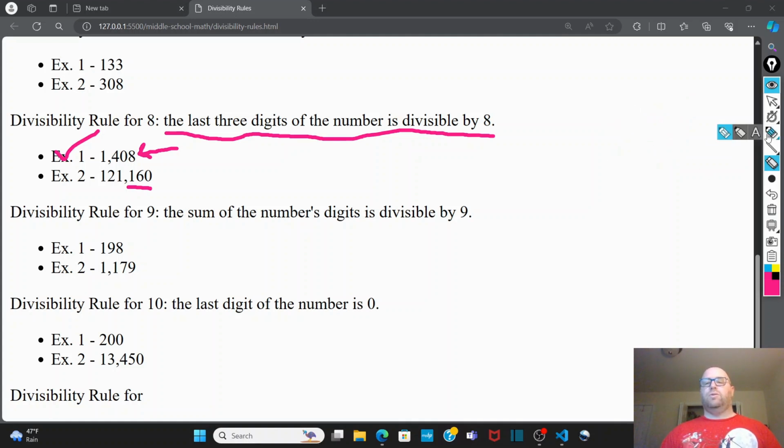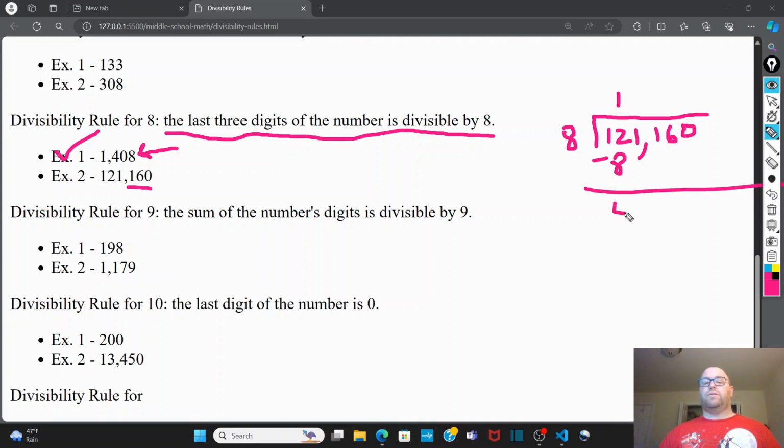So now let's do the whole number here. 121,160. We're dividing that by 8. 8 doesn't go into 1. It goes into 12 once, though. 12 minus 8 is 4. Bring down the rest of the numbers.